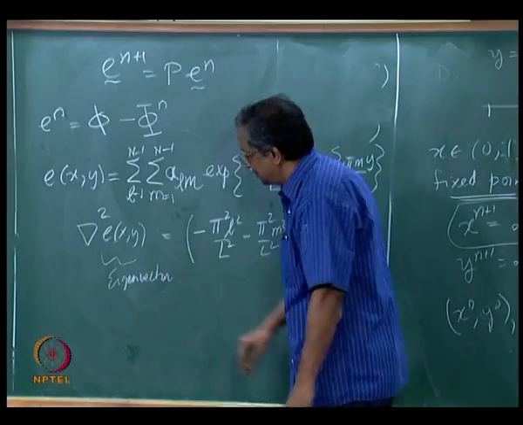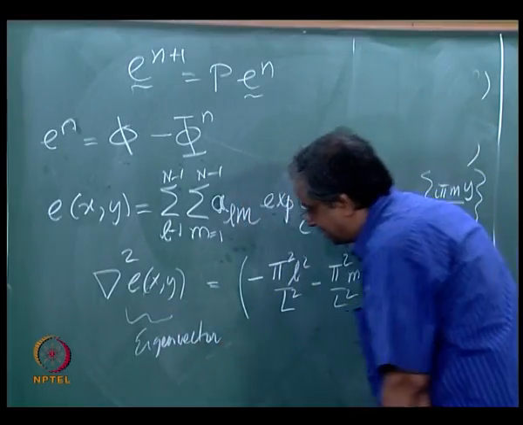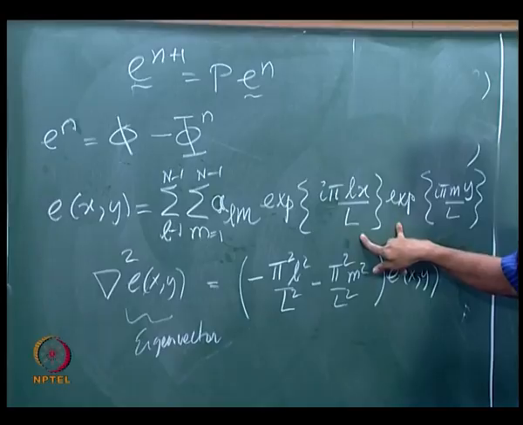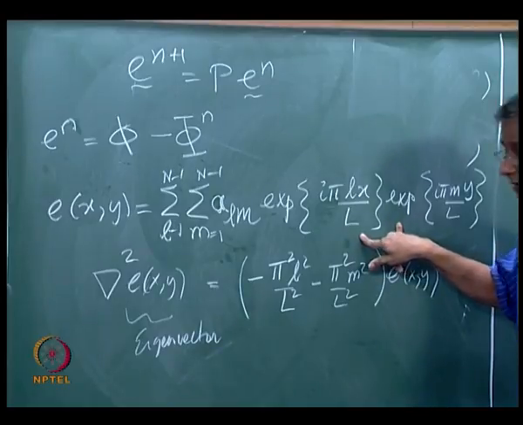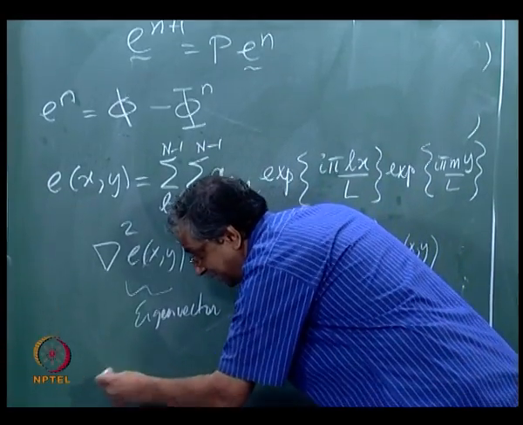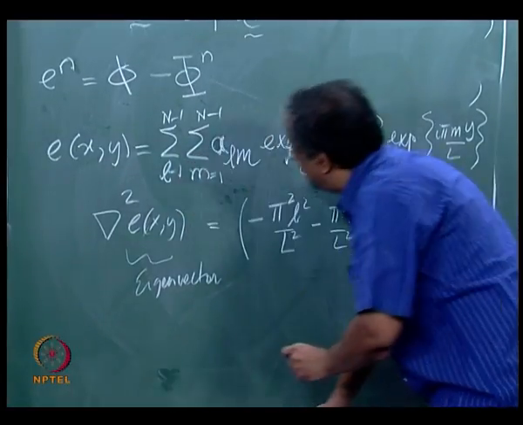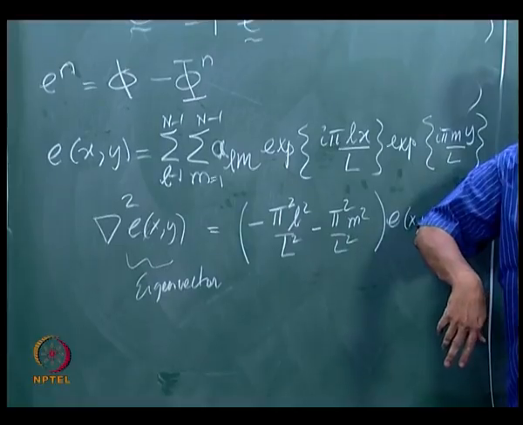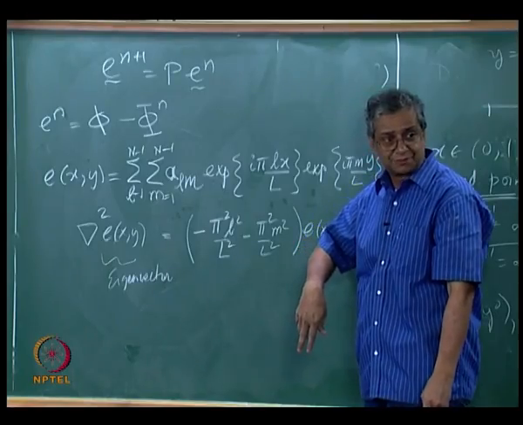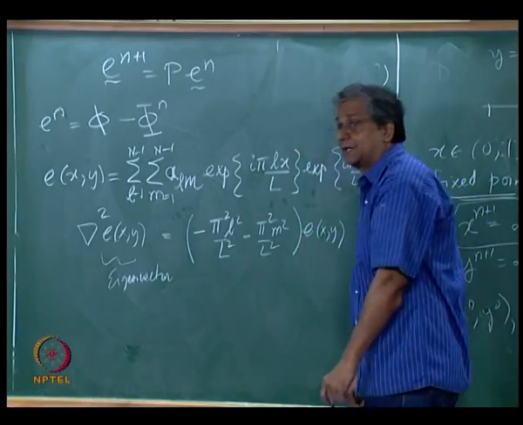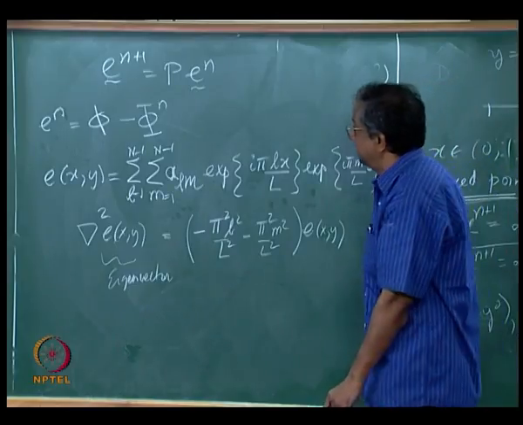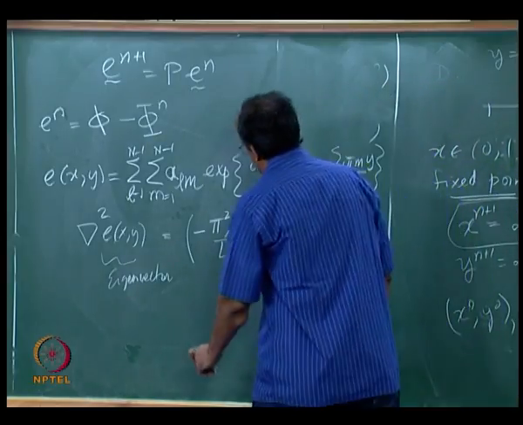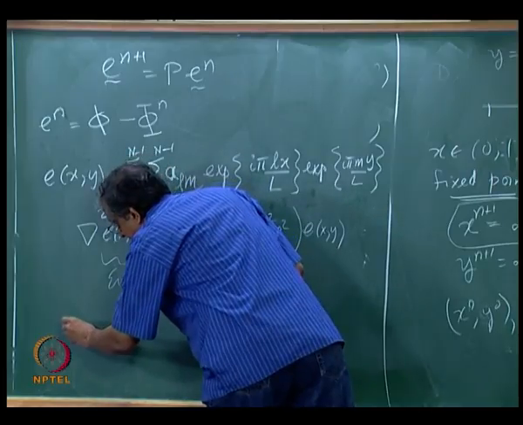So E(x,y), it turns out that any one of these, which we call ELM or whatever, can now be substituted into our differential equation, our finite difference scheme, and we will see what we get there. So what do we have?